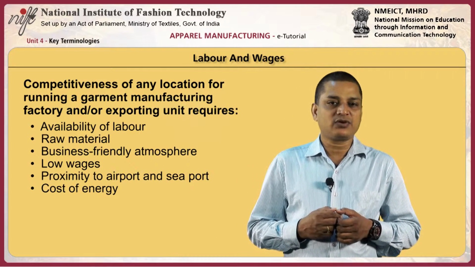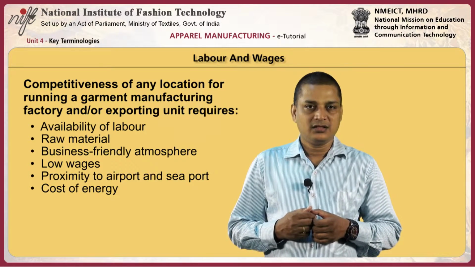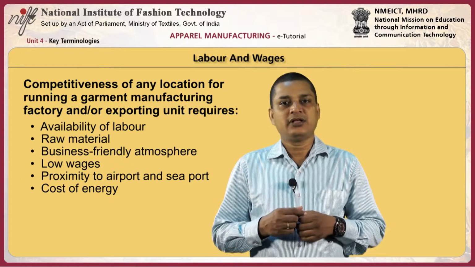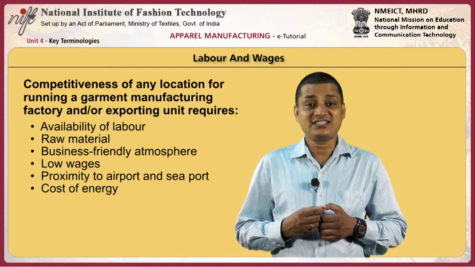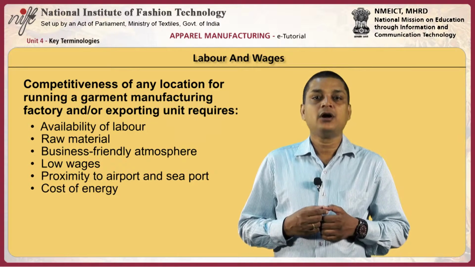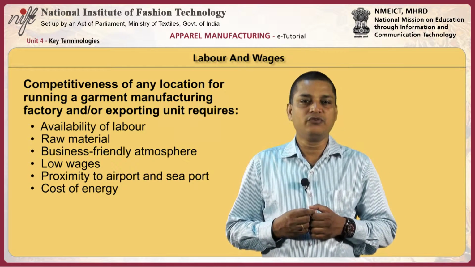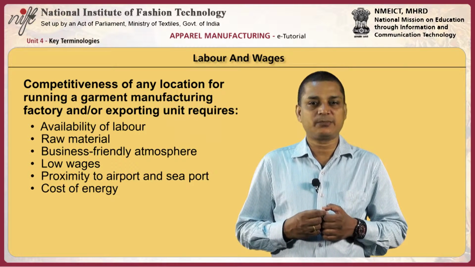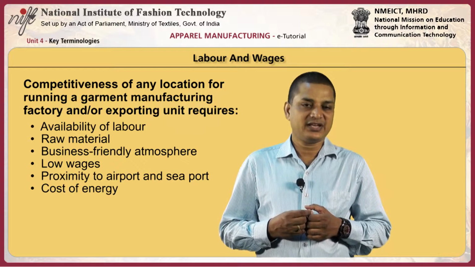Competitiveness of any location for running a garment manufacturing factory and/or exporting units demands various requirements such as availability of labor, raw material, business friendly atmosphere, low wages, proximity to airport and seaport, and the cost of energy.